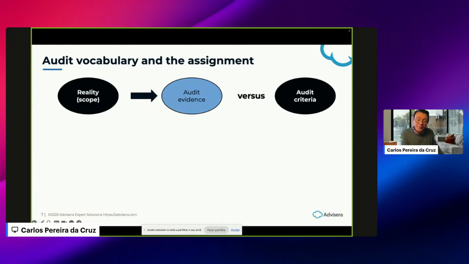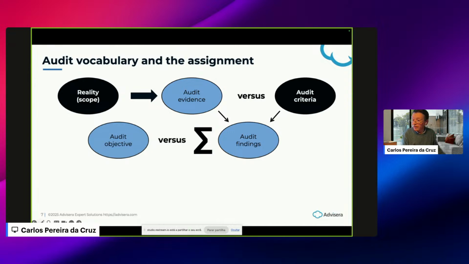From that comparison, they develop audit findings. Audit findings indicate conformity or non-conformity, and may be positive or negative. When auditors collect all audit findings and compare what they see with the audit objective, now they can develop the audit conclusion.